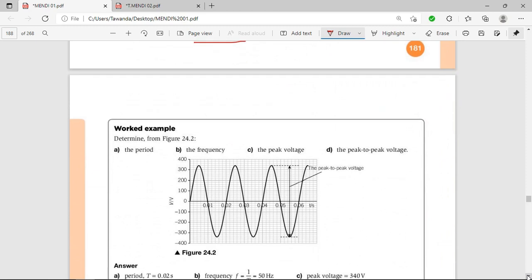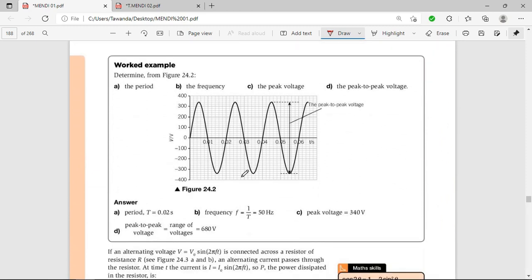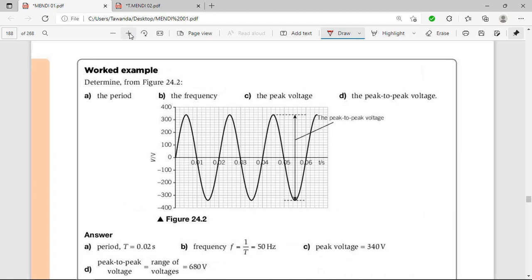Right, let's look at this example. Let me try to zoom this one. Determine from the diagram the period, the frequency, the peak value, and the peak to peak voltage.